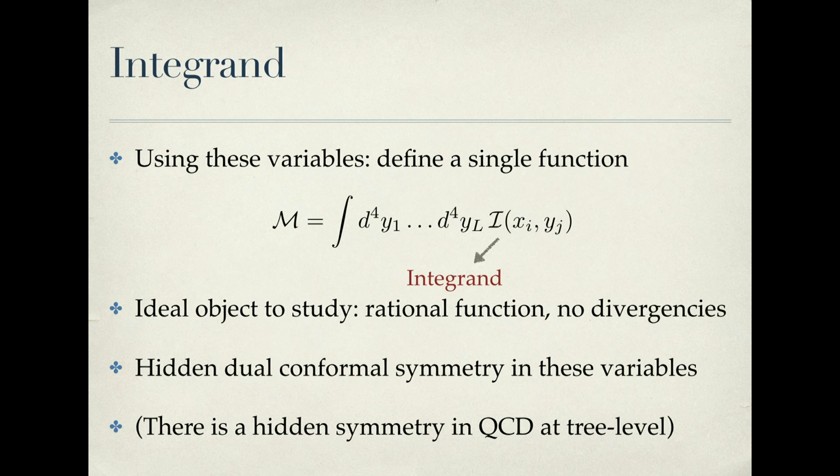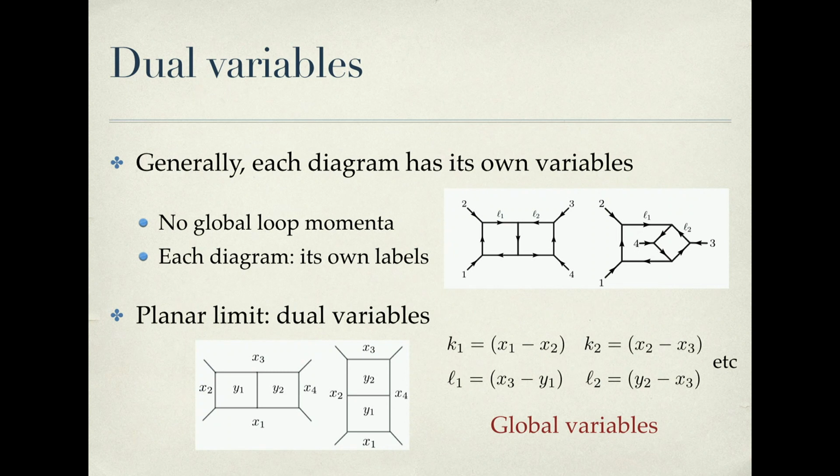It's a rational function. There are no divergences. They only appear, the IR or possibly UV, once we integrate. And in this theory, there is a hidden symmetry which exactly acts on these dual variables. In particular, these x variables that are associated with faces of the diagram, we can think about them as coordinates.